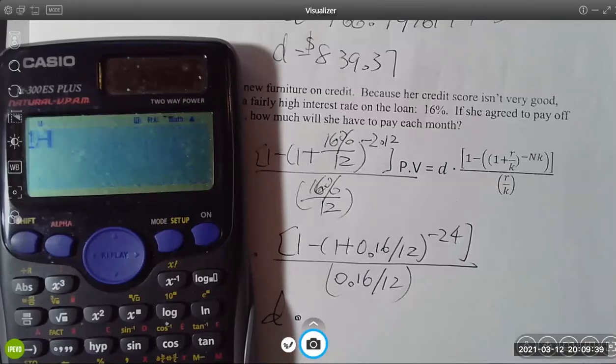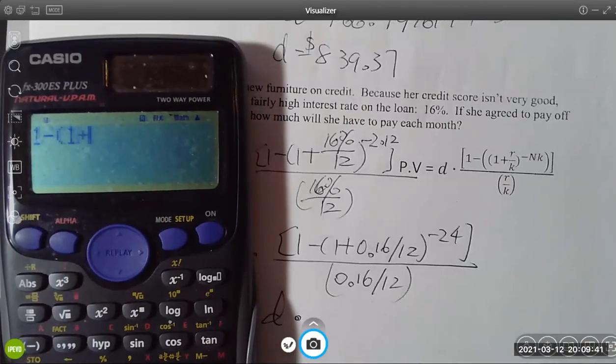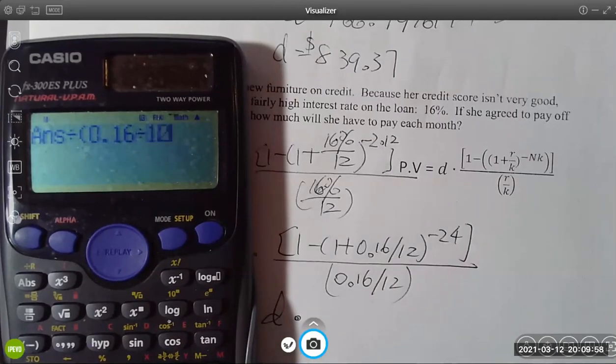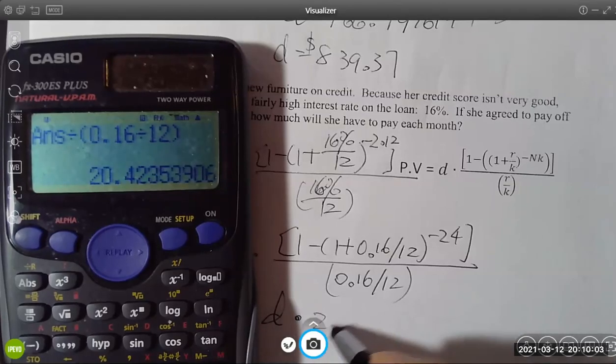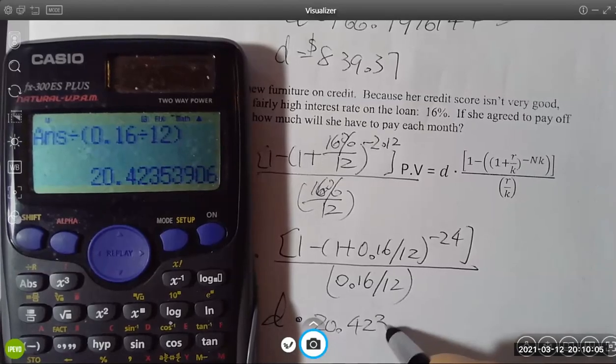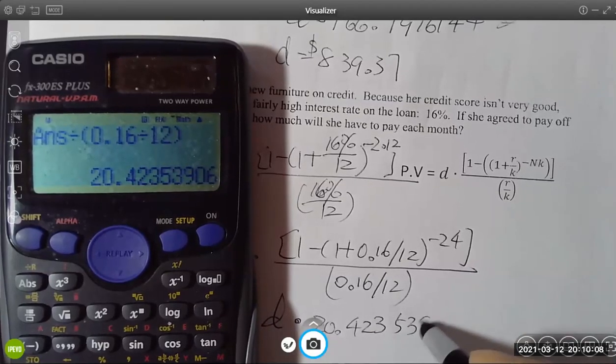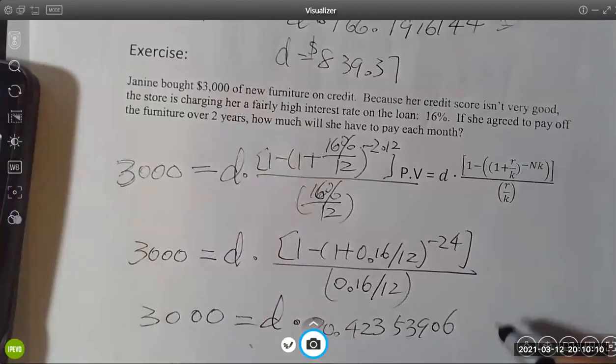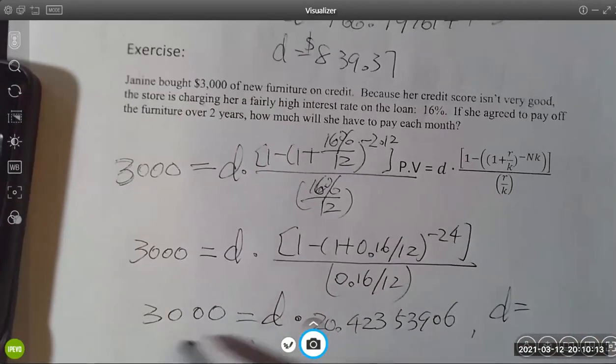Let's calculate this to see what we get. One minus parentheses 1 plus 0.16 over 12 to the power of negative 24, then divided by parentheses 0.16 over 12, equals. We get 20.42353906. So we are going to use 3,000 divided by that number.